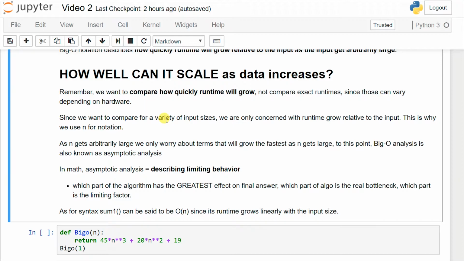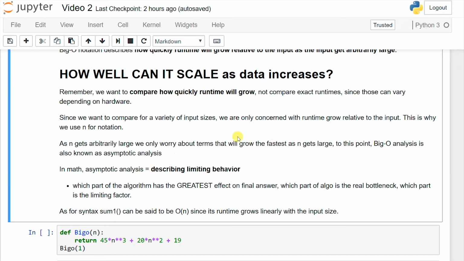So as the n gets arbitrarily large, we're only worried about the terms that will grow the fastest as n gets large. So essentially, if you're looking at an algorithm, which we're going to get down to in just a second, you're trying to determine which element in that code is the driving factor, which one is going to actually impose the limiting behavior on the execution of that code. Well, that's going to be your big O, and everything else is essentially going to drop off.